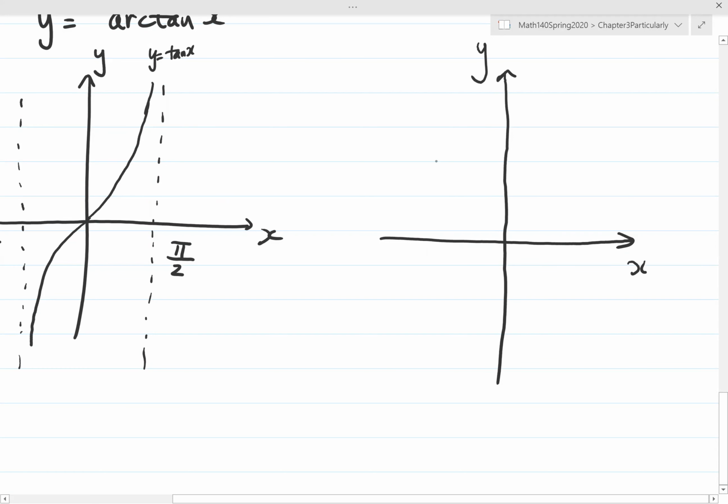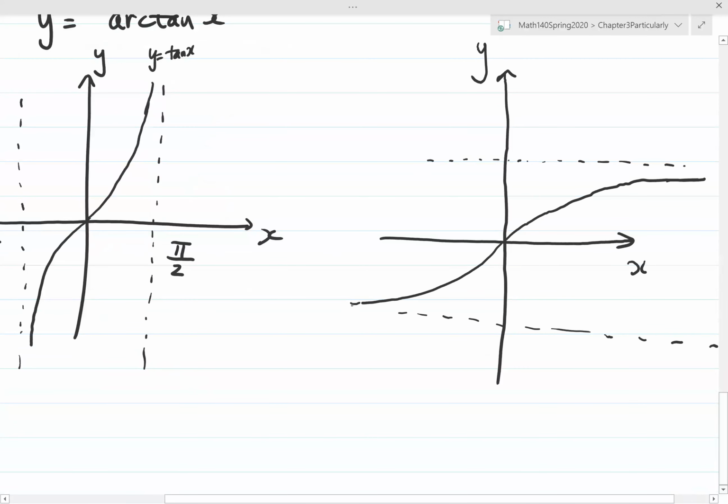Then the vertical asymptotes now become horizontal asymptotes. Now it becomes this manner. So this is y equals arctan x.